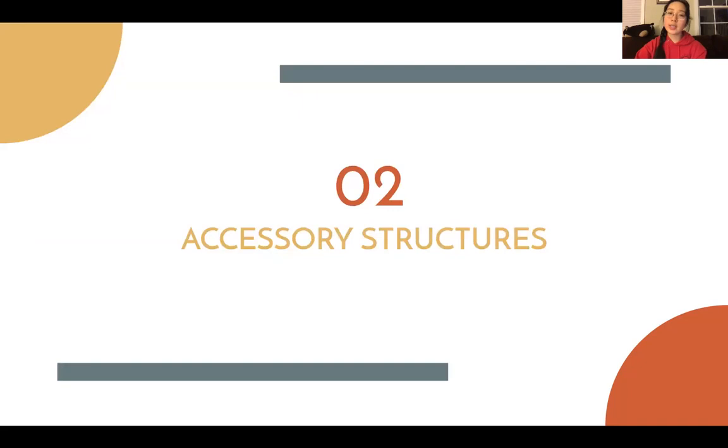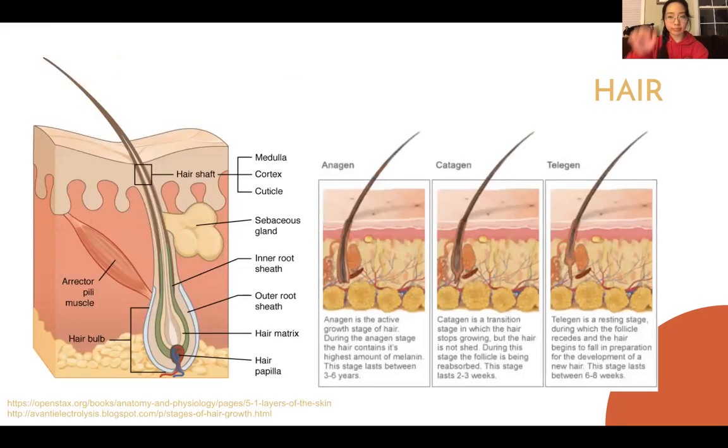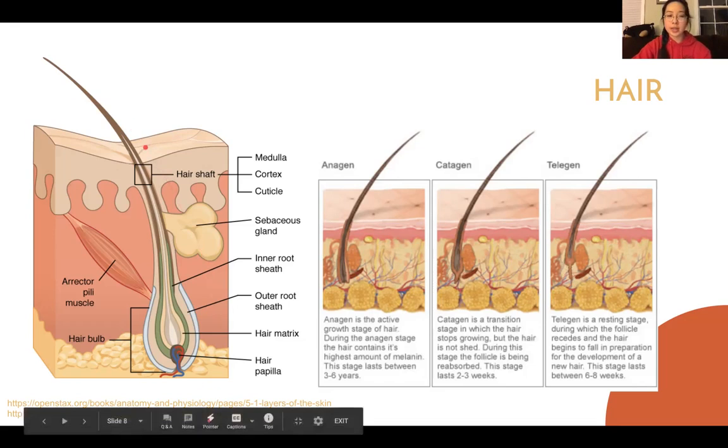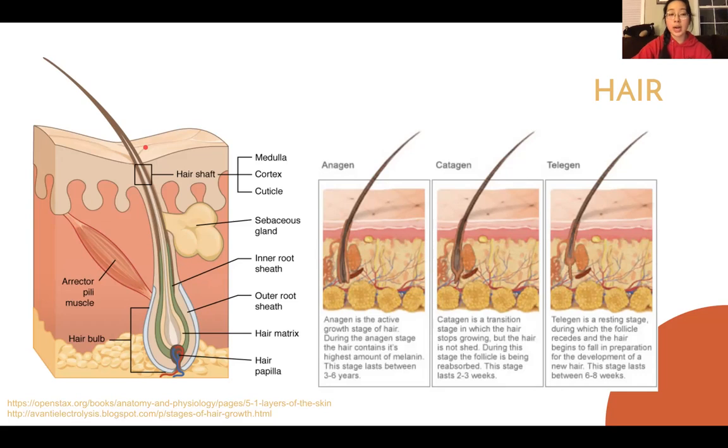So moving on to the next part of this video, we'll talk about accessory structures that are associated with the integumentary system. So first off, hair. Hair, as we said before, has a root and it originates in the dermis. So here's a pretty comprehensive diagram of the anatomy of the hair.